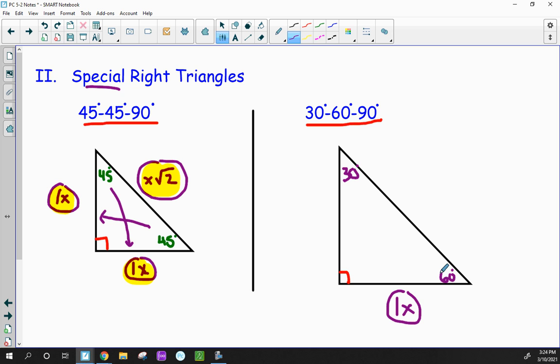The side that's across from the 60 degree angle is this number times the square root of 3. And notice that this is different from this one. You have to be really careful, and you really do have to memorize the patterns. Across from 90 in this particular triangle is going to be 2 times x, so it's going to be twice as long as this side.